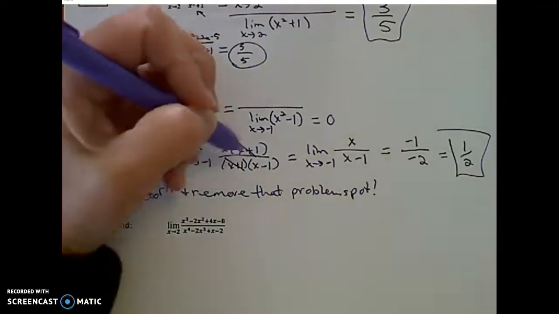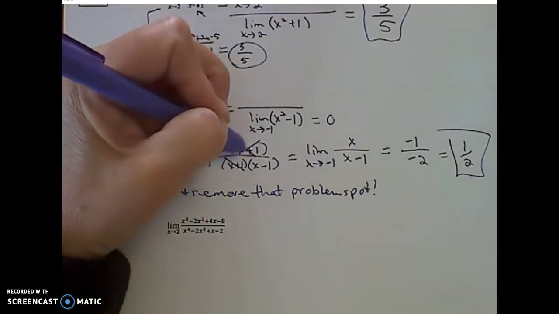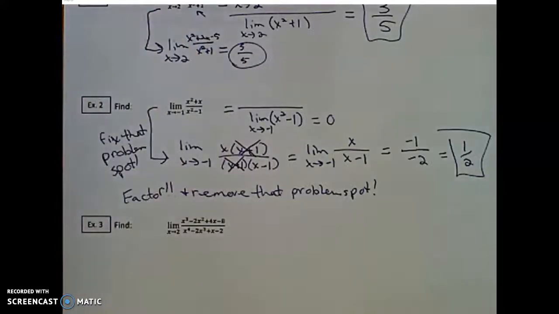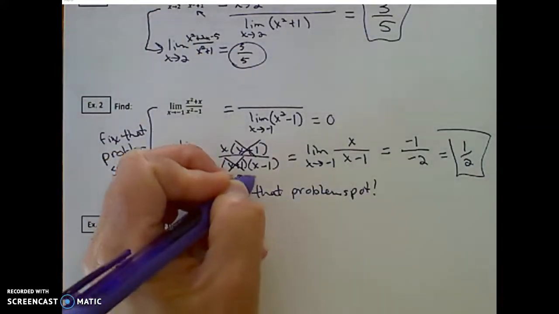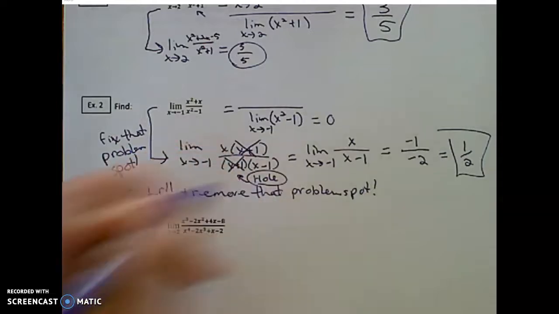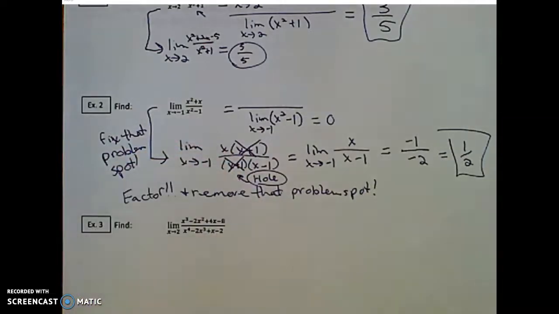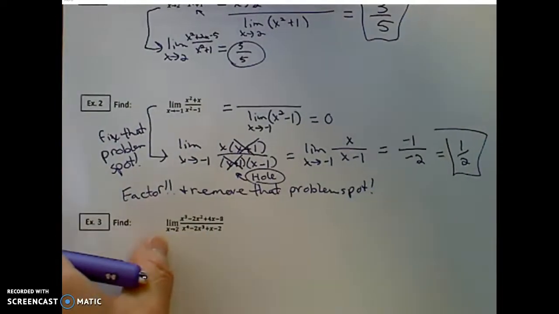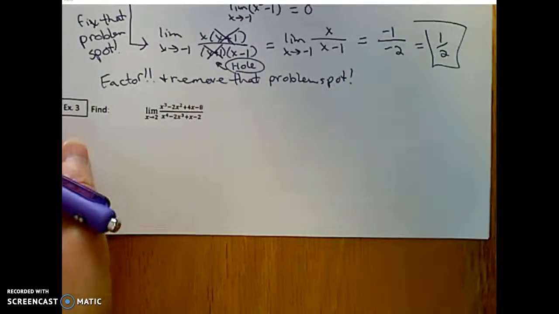I don't know if you remember with a rational function what happened on the graph when I had that common factor that I could eliminate. Do you remember that was a hole in the graph? So I'm going to have a hole in that graph at x equals -1. That's okay. The function values are approaching 1/2. Pretty cool. That was from our rational functions.